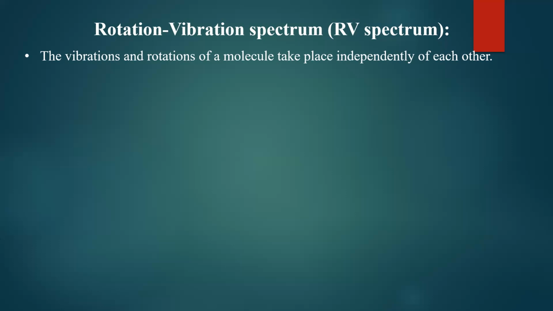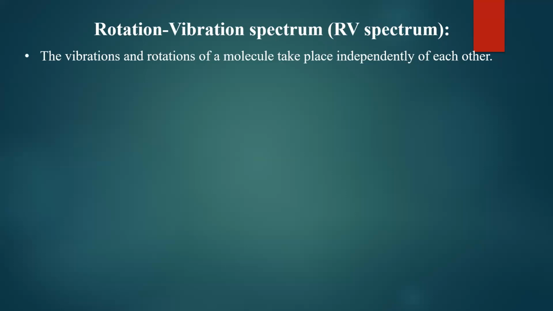Suppose the vibration and rotation of the molecule are considered together, then this gives rise to a spectrum called RV spectrum, or rotational vibrational spectrum. We call it the RV spectrum. We consider that the vibrations and rotations of a molecule take place independent of each other.